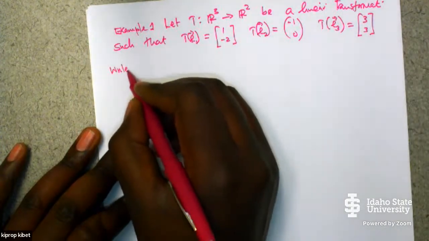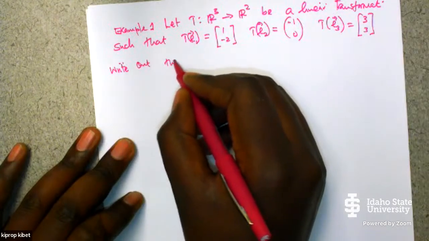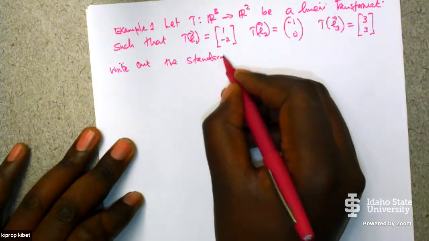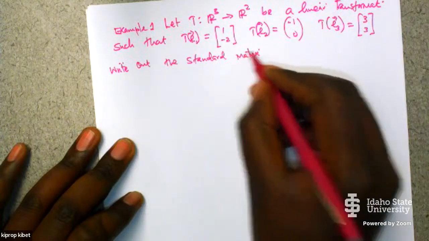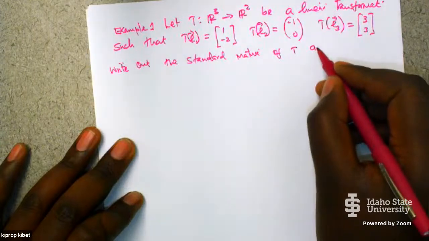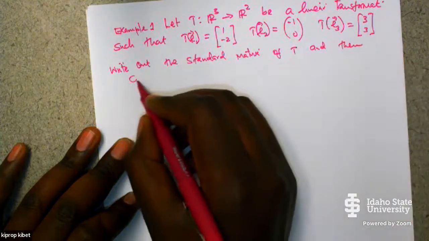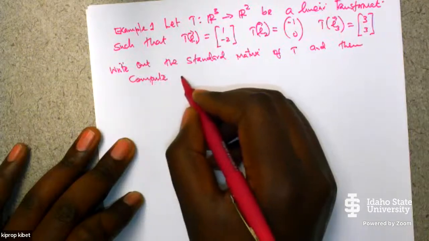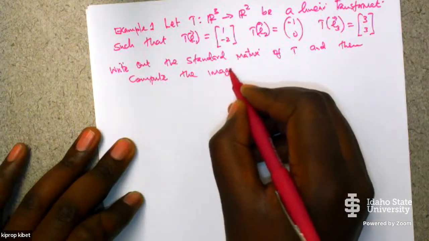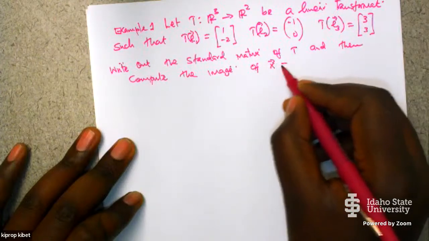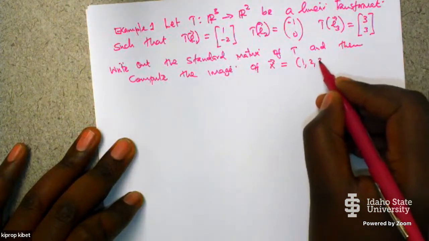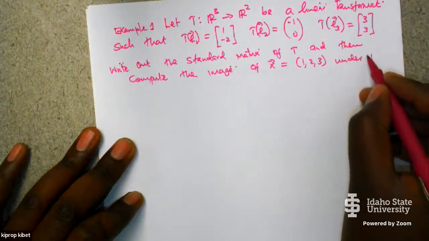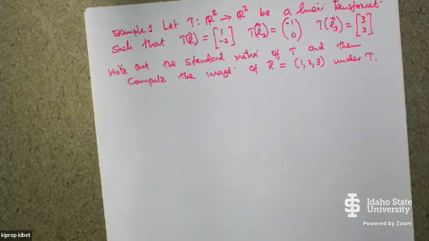Now write out the standard matrix of T, and then compute the image of X equals 1, 2, and 3 under T.